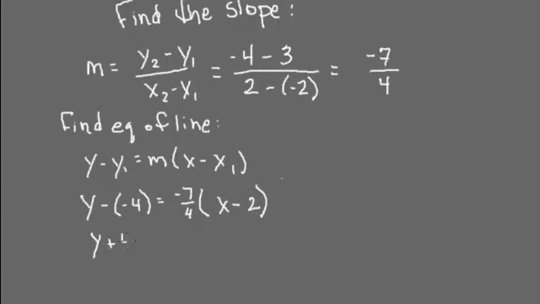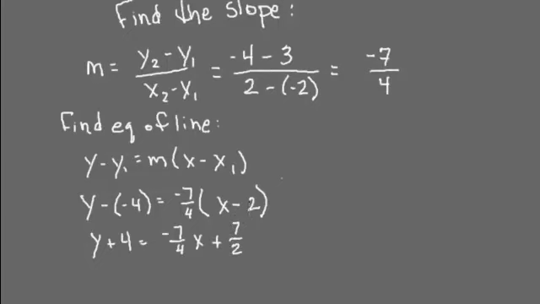So y plus 4 equals negative 7 over 4 x plus, and then I would have to multiply negative 7 over 4 times this negative 2, that's why I wrote a plus. So that would be 14 over 4, which is then 7 over 2.